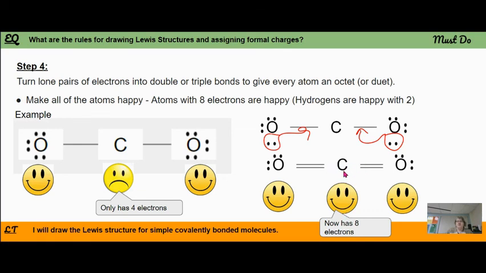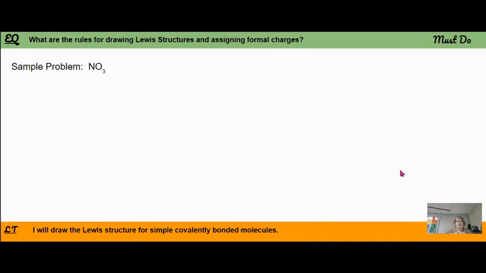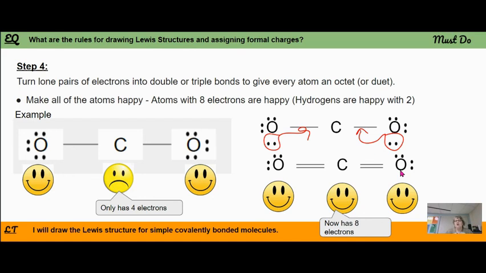So now my carbon is happy. So when I'm looking at carbon dioxide, this is what that molecule would look like. It would be an oxygen double bonded to a carbon, double bonded to an oxygen. And that is how you draw covalent bonds. It's the easiest way to do it.